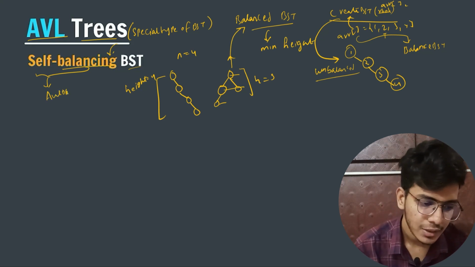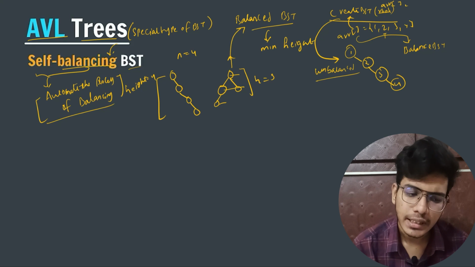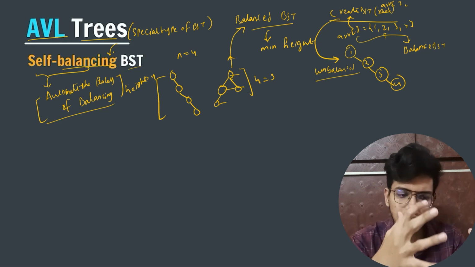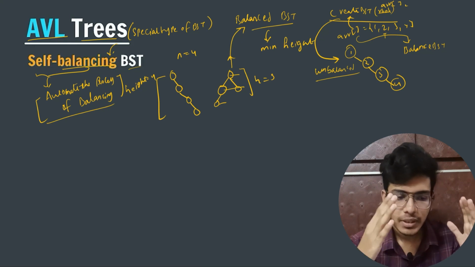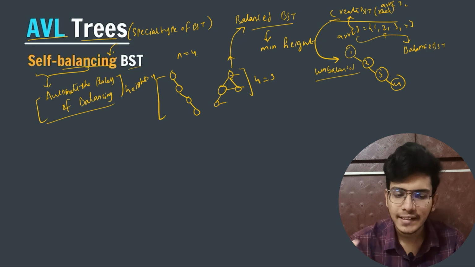It will automate the process of balancing. Whatever nodes you pass, it will take them in and create a balanced BST automatically. You don't need to give external operations or perform anything.